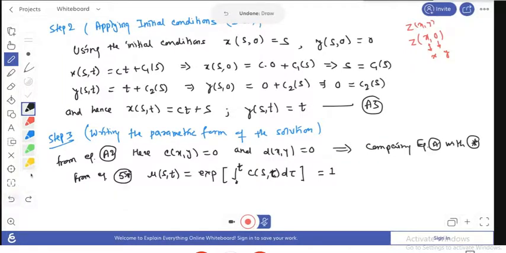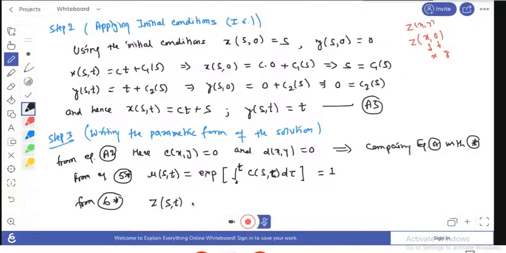So what is our solution? From equation 6 star, what is the value of z of st?